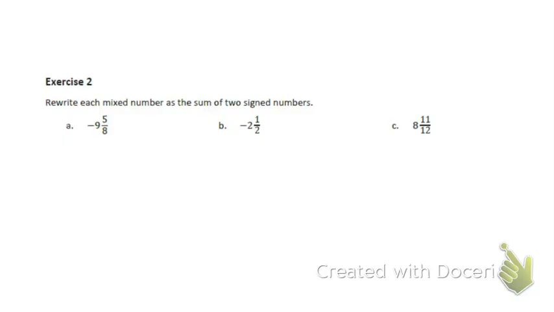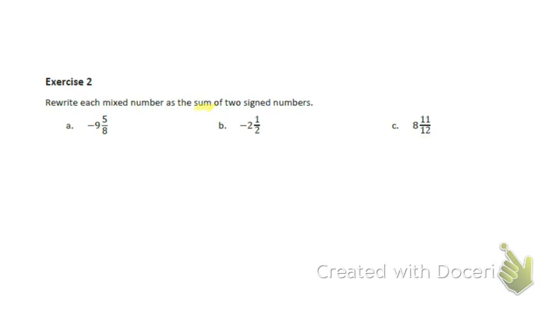So keeping that in mind, now you guys are going to be writing some stuff down. On page 60, it says rewrite each mixed number as a sum of two signed numbers.